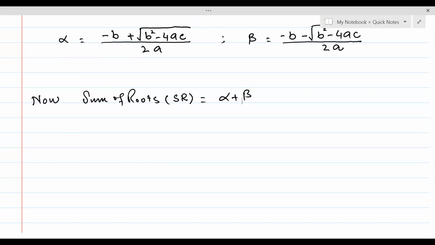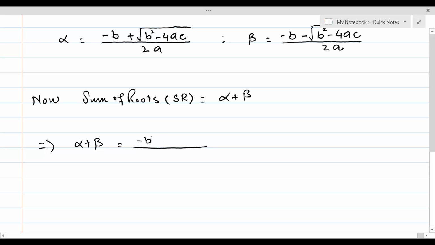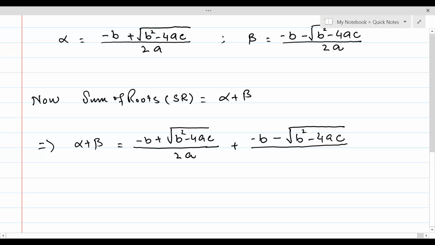So alpha plus beta is equal to minus b plus square root of b square minus 4ac, divided by 2a, plus minus b minus square root of b square minus 4ac, divided by 2a.